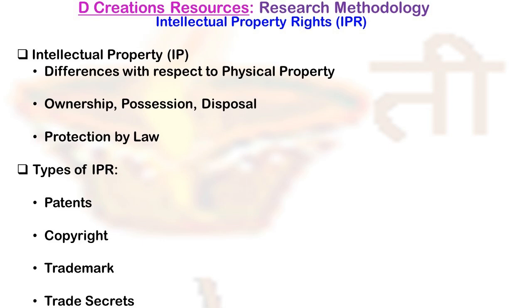So, it's a right granted to the owner of the intellectual property. Suppose it's an author who has written a book, then that author gets the authority to decide when and where his or her work can be used by someone.